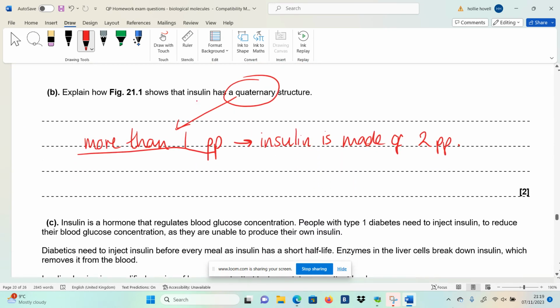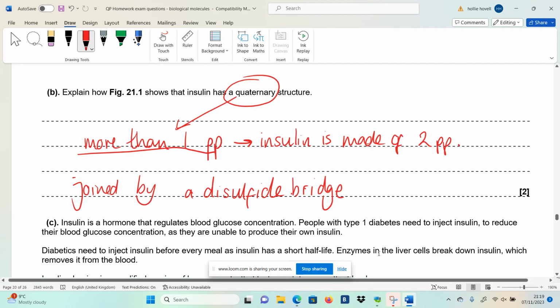Okay, so we could say joined by a disulfide bond. They didn't want you to just say bound together with a bond. They wanted you to identify that that was a disulfide bond holding them together. Normally, rather than bond, you should really call it a disulfide bridge, which is a better word for it.